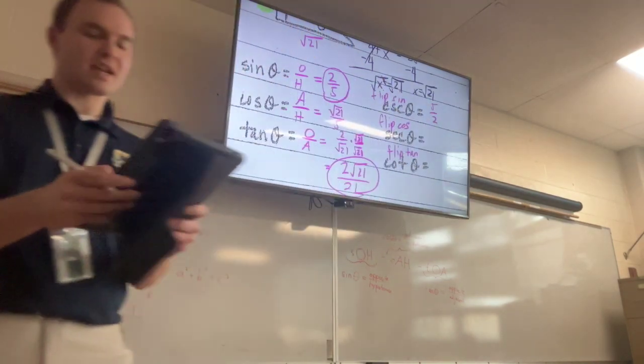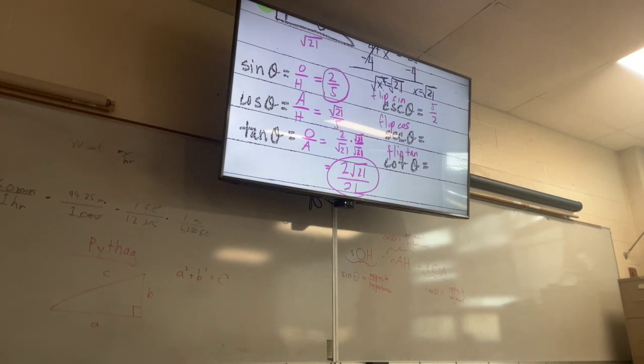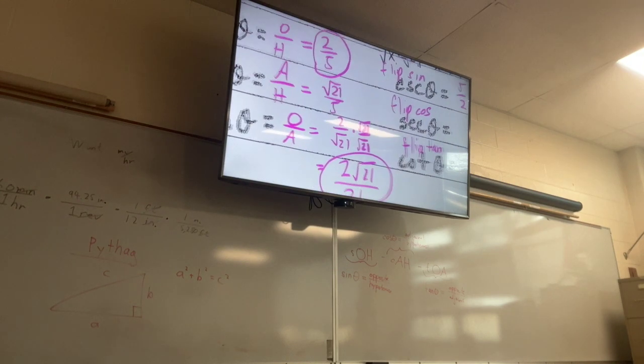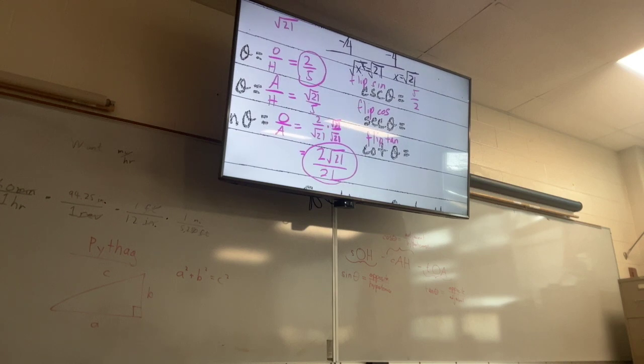So what's my secant then here? My cosine is root 21 over 5. What's my secant? 5 over root 21. And make sure we rationalize our denominators. That means we don't want square roots in our denominator. So 5 root 21 over 21. Okay.